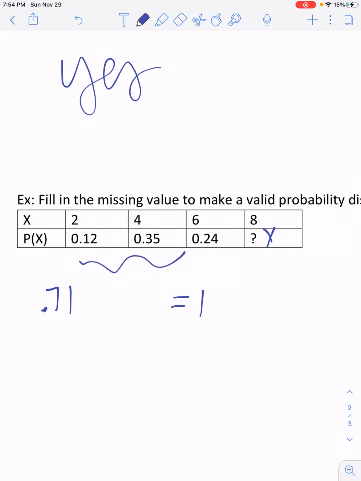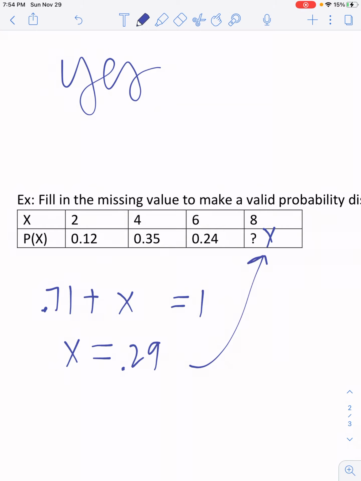And that 0.71 plus that missing value all together should add up to be 1 if it's a probability model. Then we can just solve for X by moving that 0.71 to the other side, and I'll get 0.29 for that missing spot.